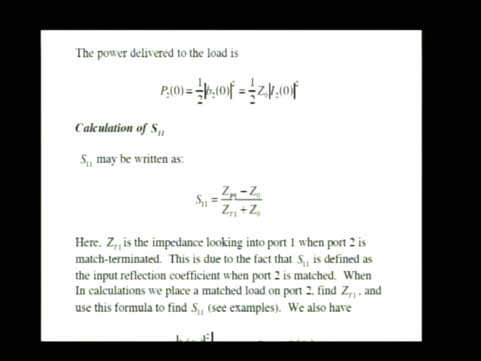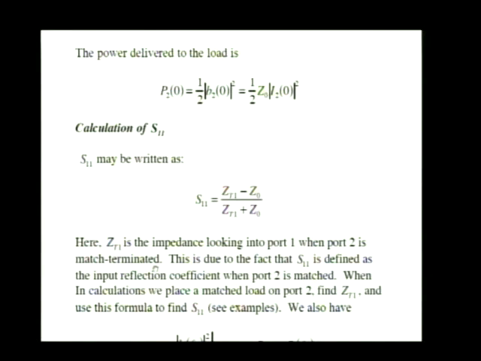It can be written as ZT1 minus Z0 over ZT1 plus Z0, where this ZT1 thing is something that we're used to dealing with in circuit theory. ZT1 is the impedance looking into port 1 of the two-port device when port 2 is match terminated.